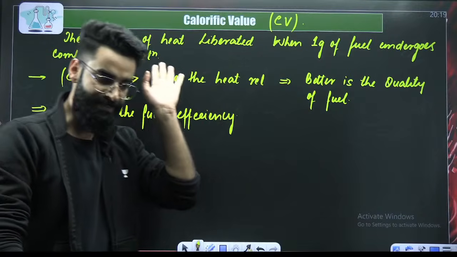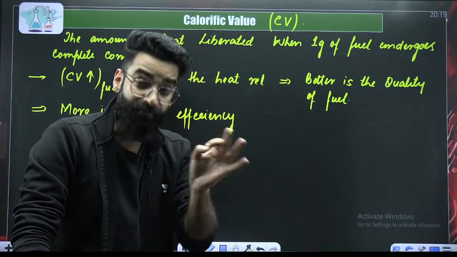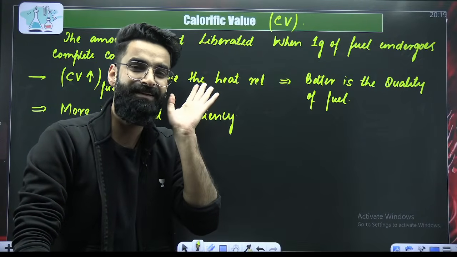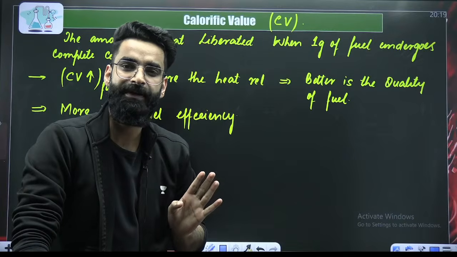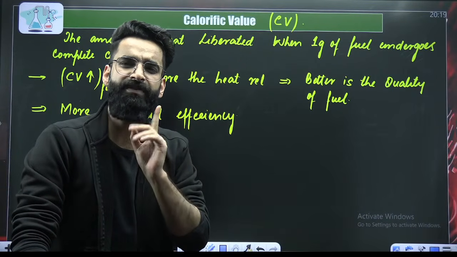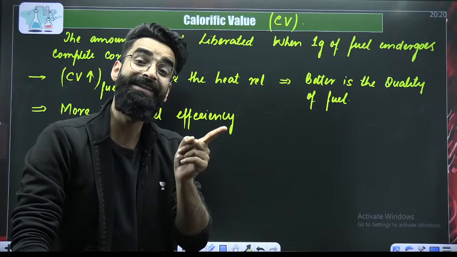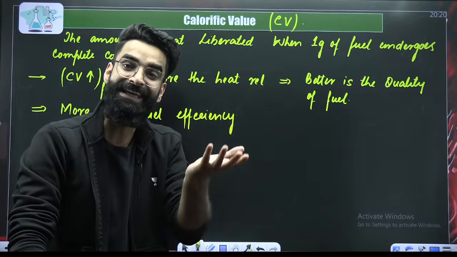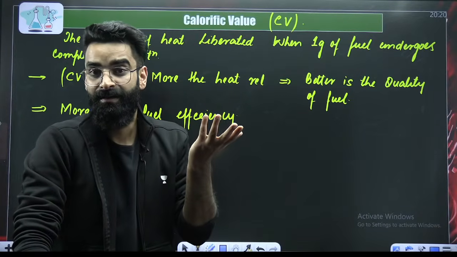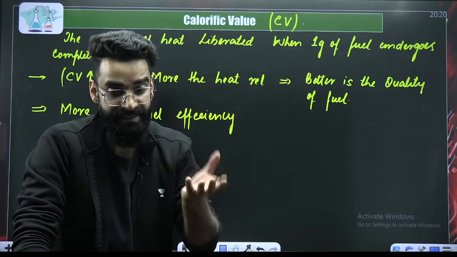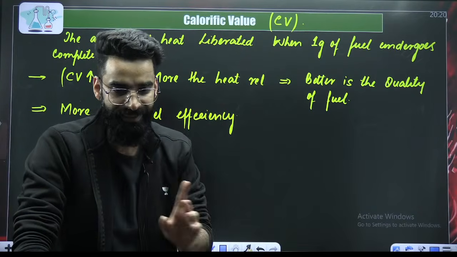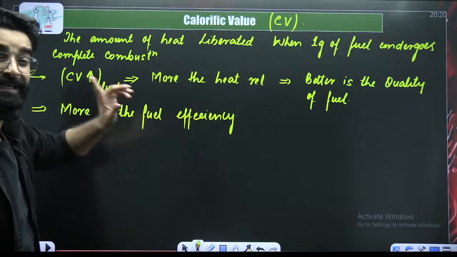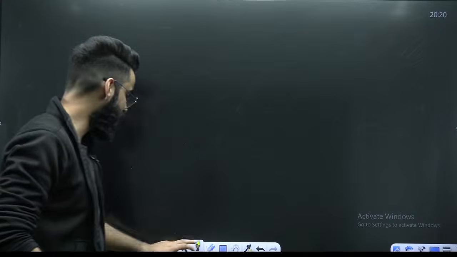During combustion, heat is released. When 1 gram of fuel undergoes combustion, whatever amount of heat is released, that's something which you call as calorific value. More the calorific value of the fuel, more will be the heat released when 1 gram of fuel undergoes combustion. More the heat released, that means more is the efficiency of the fuel, better is the quality of the fuel. Right? Now people, try to understand it a bit more in detail.